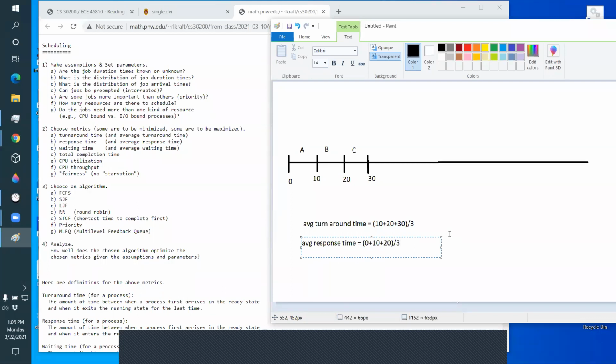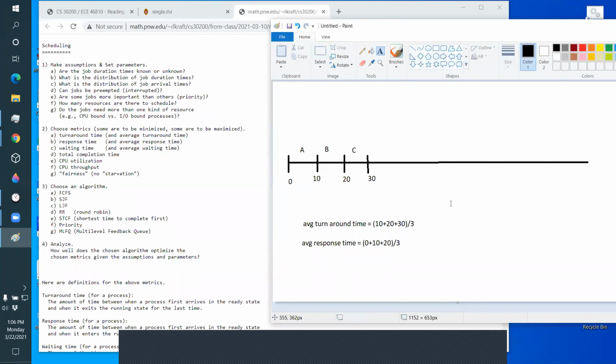The arithmetic in these problems is simple, but we'll see as we go along that we can get some interesting results. The calculations are really trivial. If you want to find the average response time or the average turnaround time, you find the turnaround time or response time of each job, and then just add them up and divide by how many jobs there are to get the average.